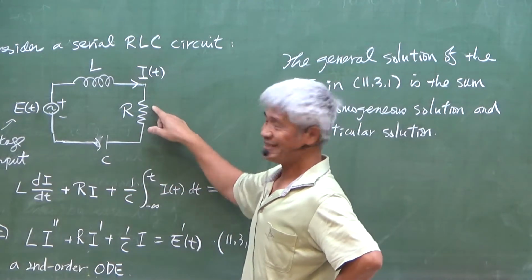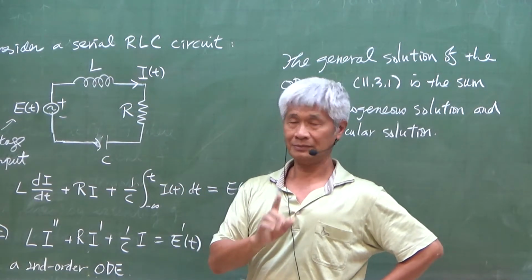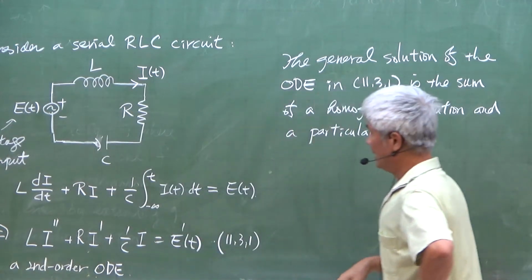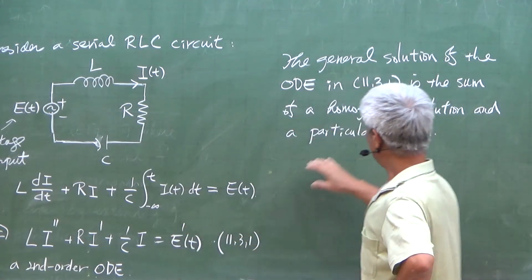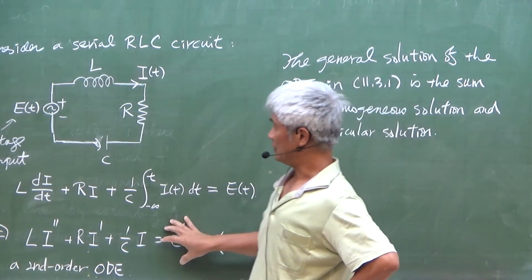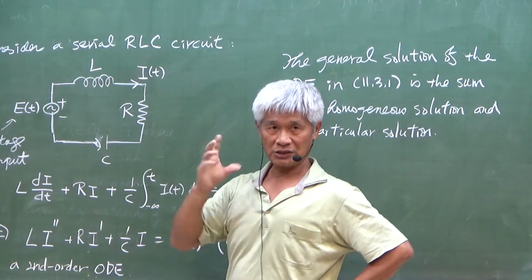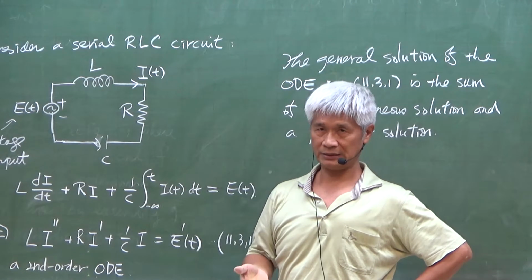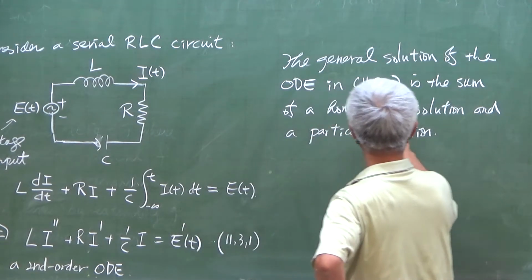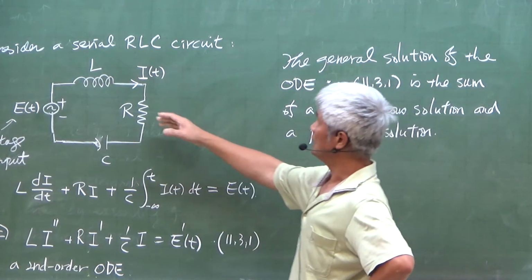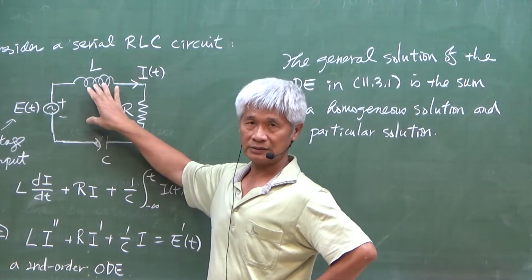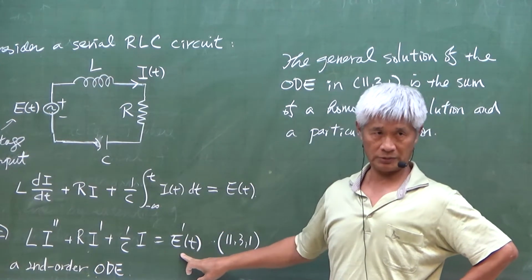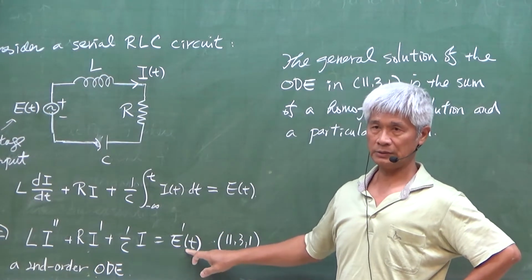You know, the resistor cannot store energy, but it's possible to store energy in these components. So the homogeneous solution corresponds to the initial energy inside the circuit. The particular solution corresponds to the external force.